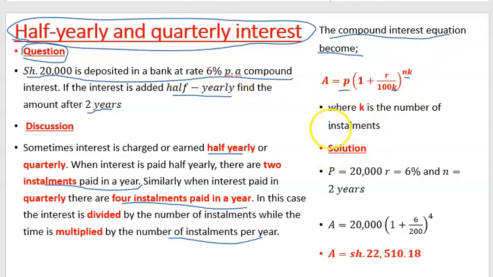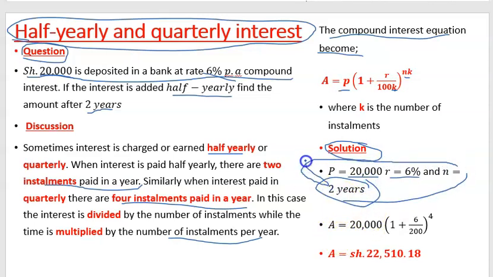Now, back to our question, we can look at the solution quickly. From this question, the principal is 20,000. That is the money that is deposited. The rate is 6% per annum, and n is the number of years, which is 2. Once we know this, we substitute into the formula.